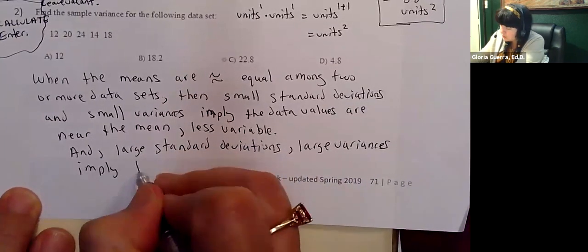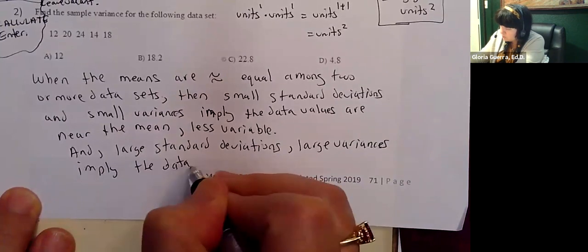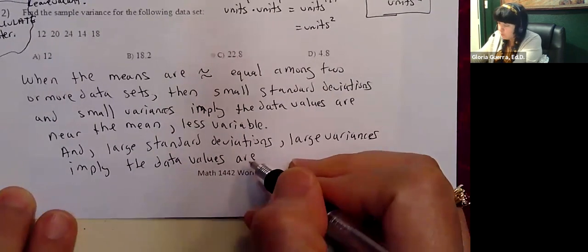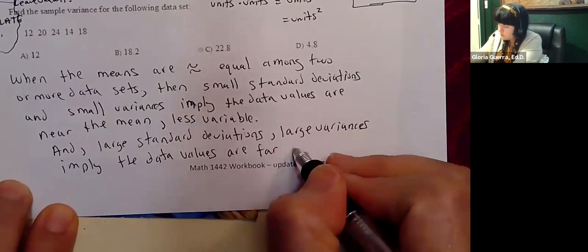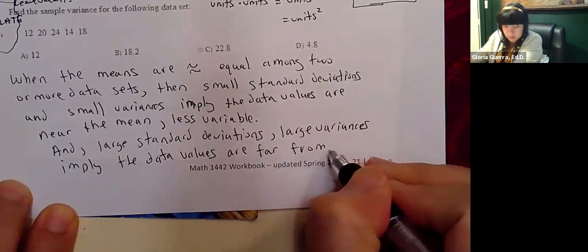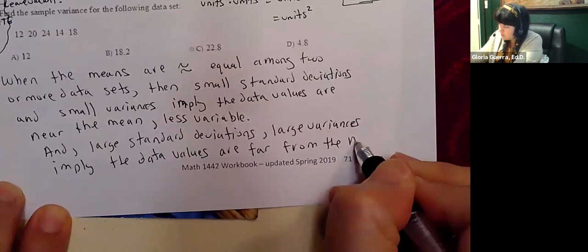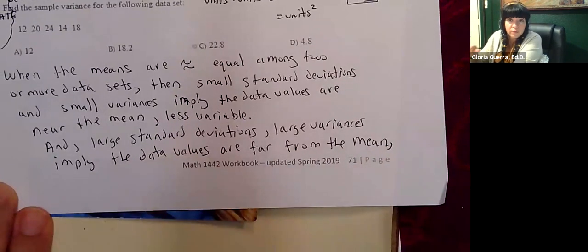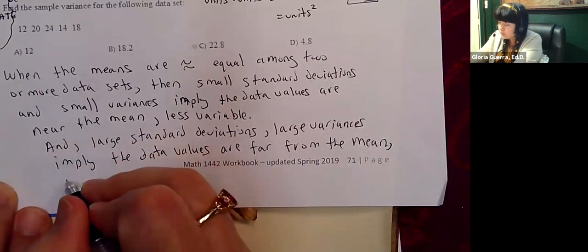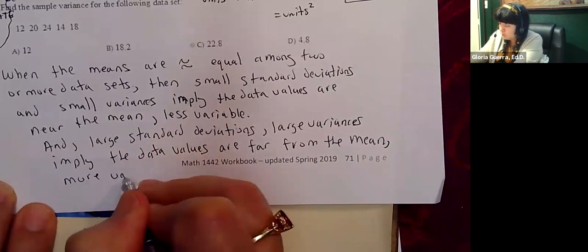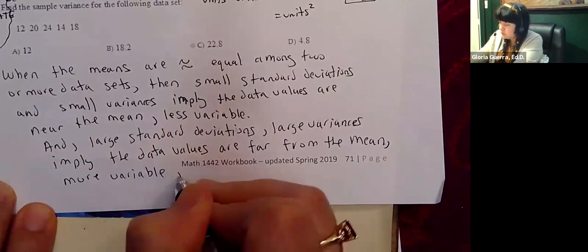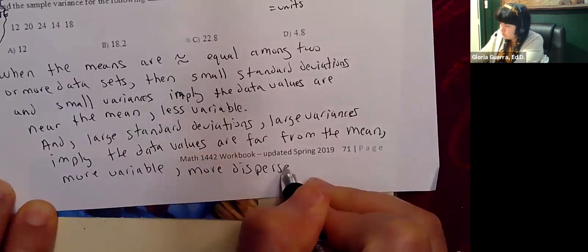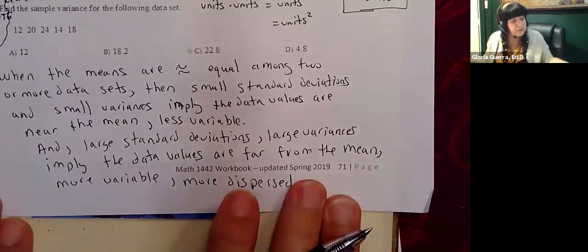That implies the data values are far, far away from the mean. And if they're farther away from the mean, that means they're more variable. That means they're more dispersed.